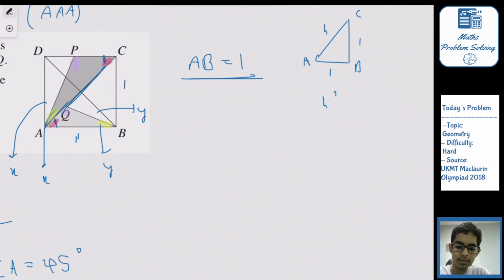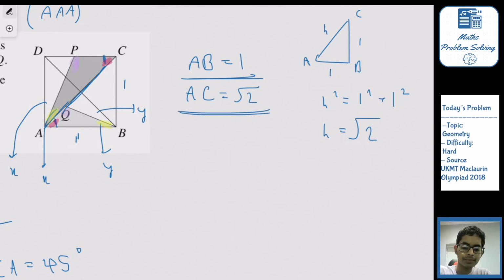We know by Pythagoras' theorem that h squared equals 1 squared plus 1 squared. Therefore h equals the square root of 2. It's plus or minus the square root of 2, but we can ignore the negative for now. Therefore, side AC equals root 2, and we now have a linking factor between these two.